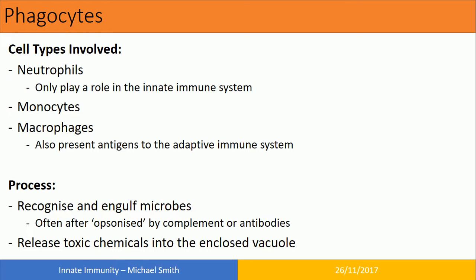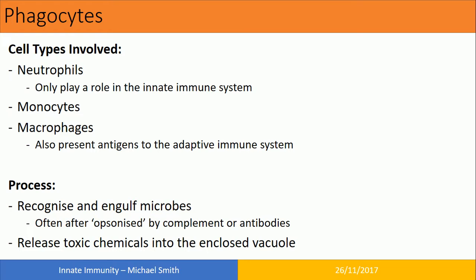Now, this might be after complement or antibodies have performed what's called opsonization, and this essentially is when they mark something out as being something that needs to be removed. So that's part of the adaptive immune system, but then the phagocytes are able to help with that because it marks even the more complex pathogens as being obviously different.